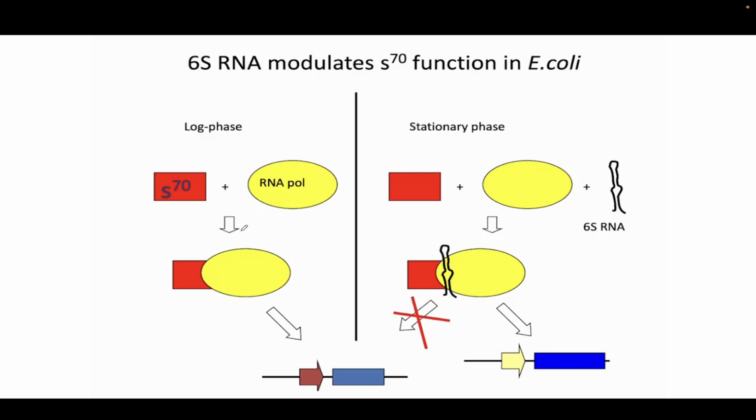And this is one good example of protein function modulation, how it happens using 6S RNA. This is a non-coding RNA, and S70 function in E. coli. E. coli is a bacteria, and everyone knows about E. coli. When there is bacterial growth, there are three phases.